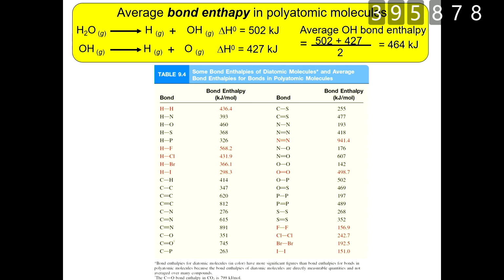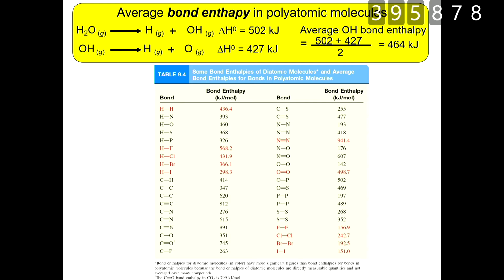And in the same group, the fluorine one, HF, has a bond enthalpy higher than the others. In one group, from top to bottom, the bond enthalpy decreases. So why?